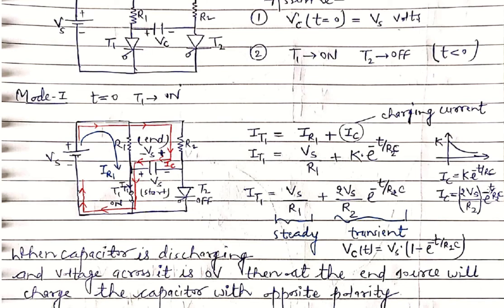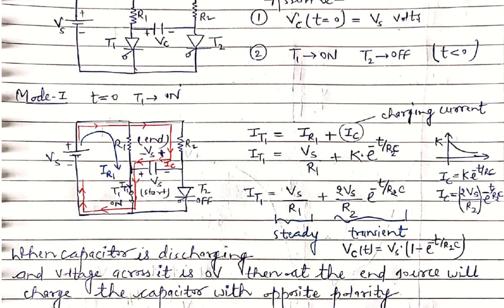So the current will be 2 VS divided by R2, which is the peak value, times e raised to the power minus t upon R2C. It is R2 because of the time constant R2C, as the current IC flows in this R2C branch. So this is the final expression of IT1, and two components are there in this.